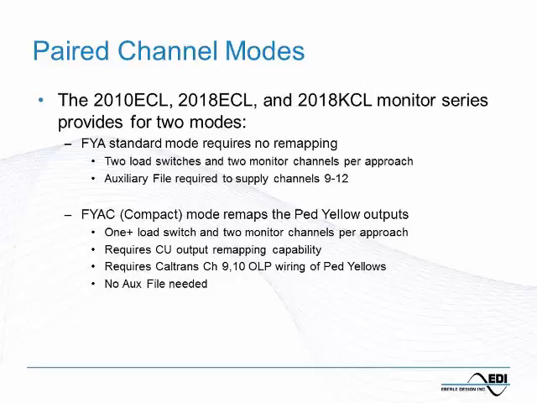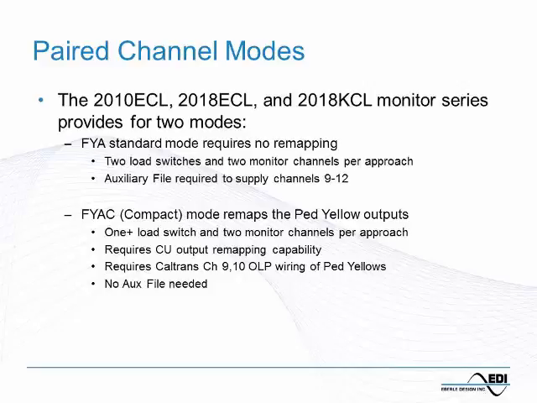That gives us our full 16 channels of operation that the 2010 ECL monitor supports. We're going to be using 2 load switches and 2 monitor channels per approach to get the flashing yellow arrow 4-section signal monitored.